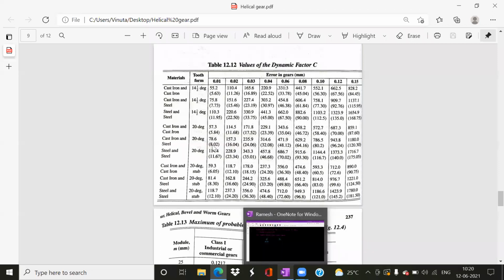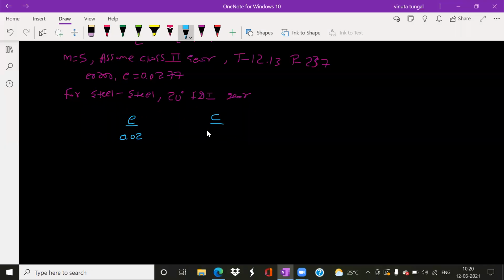For 0.02, the value which we have obtained is 228.9. But for 0.0277, whatever the error which we have obtained, for that we don't know the value. You put it as X. For this, we don't know the dynamic factor. This is the dynamic factor when error is 0.02. For 0.0277, we don't know that. Cross multiply this.